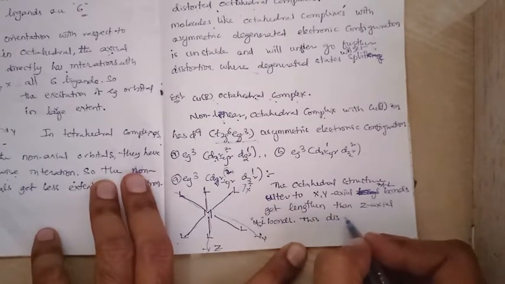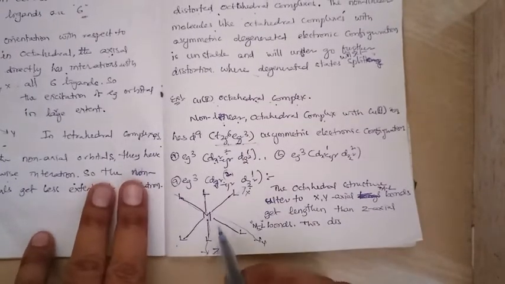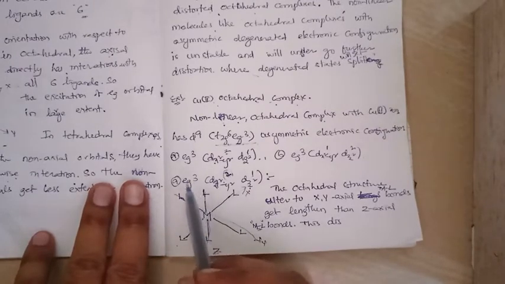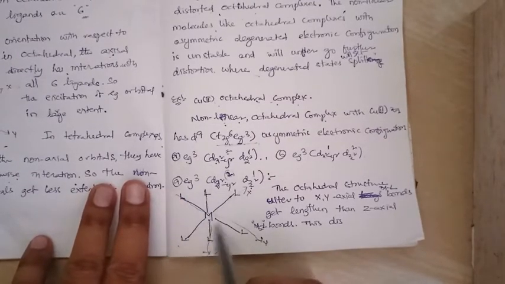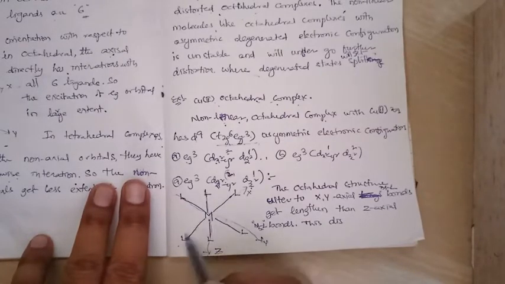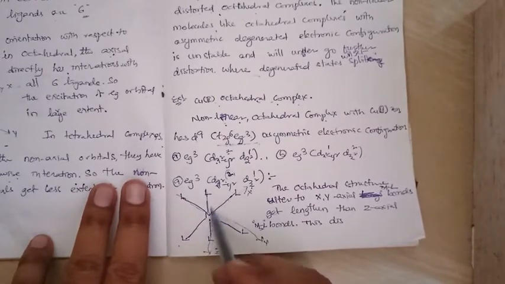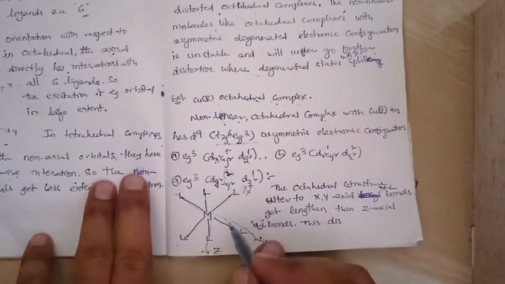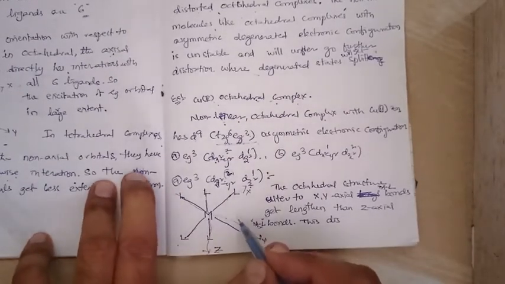Is it distorted or not? In an octahedral, the metal to ligand bonds, all 6 bonds, should be the same as one another. But here, what is happening? 4 bonds are lengthened, 2 bonds are shorter. So this could be called a distorted octahedral.